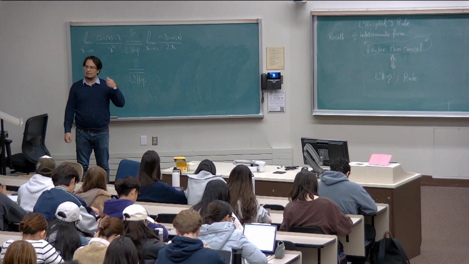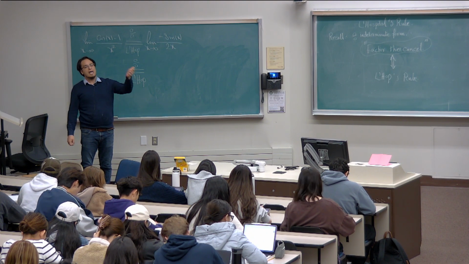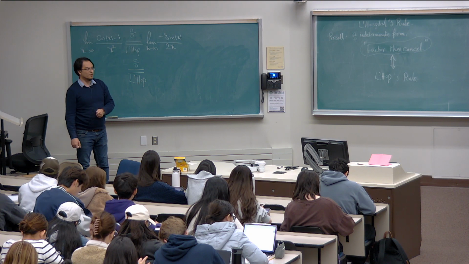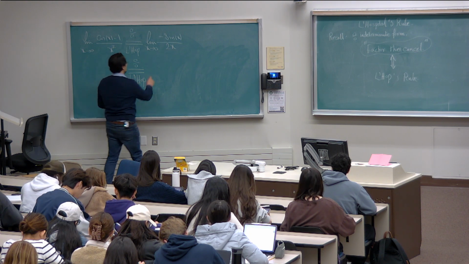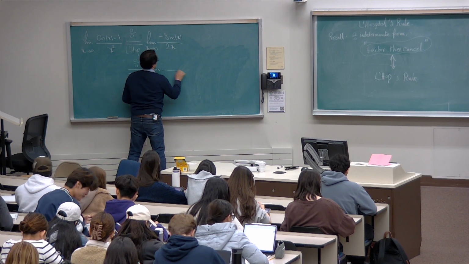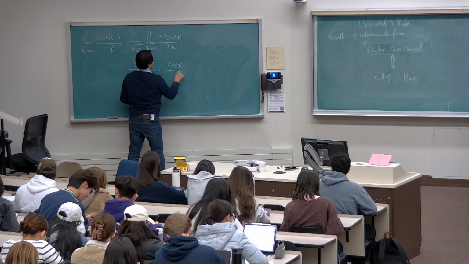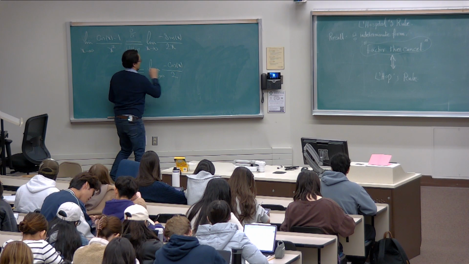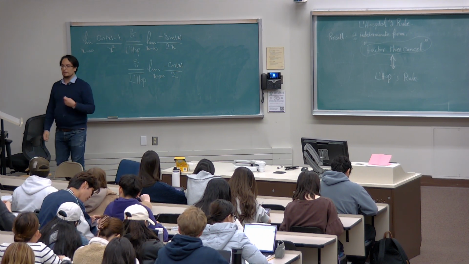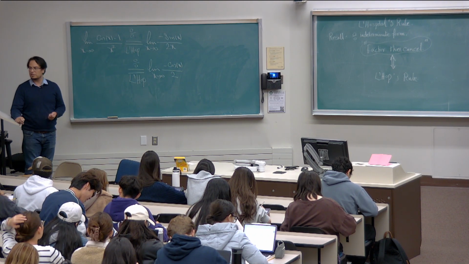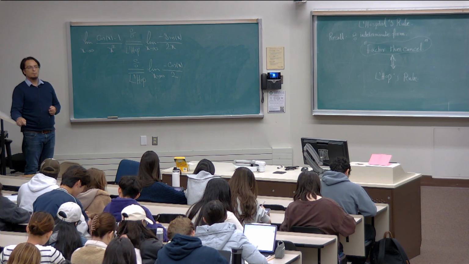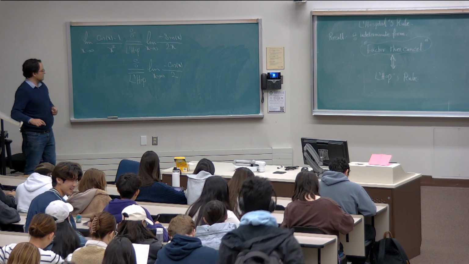It says whenever you see 0 over 0 and both numerator and denominator are differentiable around that point, do replace them by their derivative. Replace the numerator by the derivative of the numerator. Replace the denominator by the derivative of the denominator.